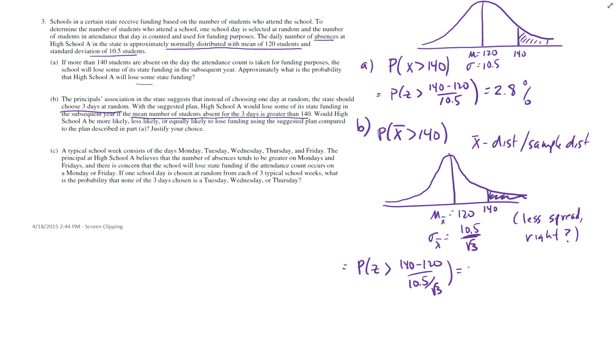Normal CDF, 120, 140, big number, mean, standard deviation 10.5 divided by square root of 3, and you get 0.123448.